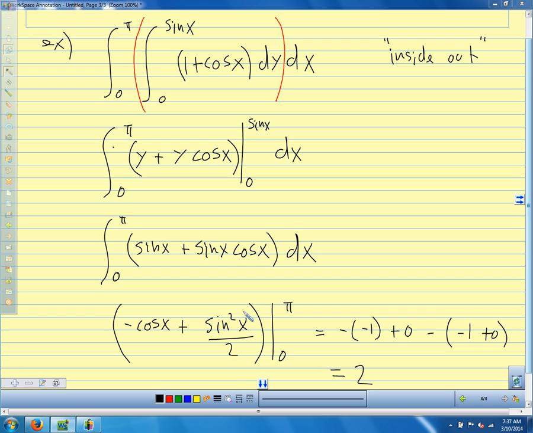All right. The union of the variables, the two intervals of integration, is called the region of integration.